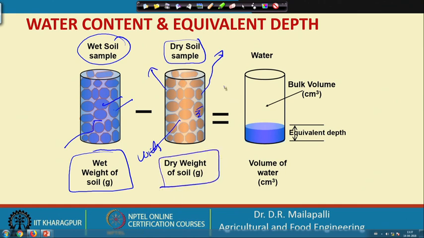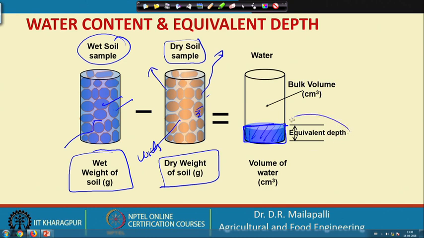Then if you take the whole thing and distribute it, this is the total bulk volume. If you put the water which has evaporated back into the cylinder, it will occupy this much depth.